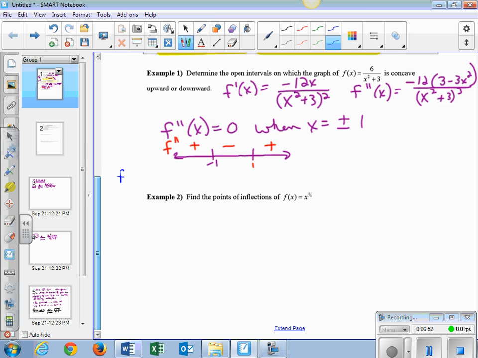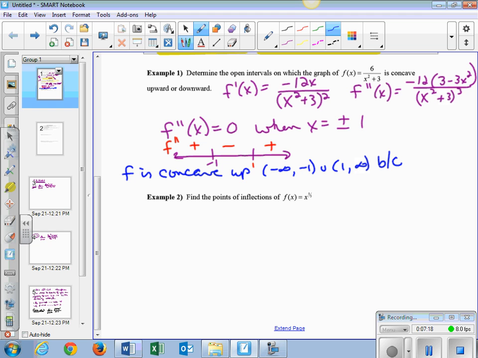I have f is concave up on the intervals from -infinity to -1, and again from 1 to infinity. Why? Now, it didn't really ask for justification, but I'm going to practice by putting this in. All you have to say is because f double prime of x is greater than 0.